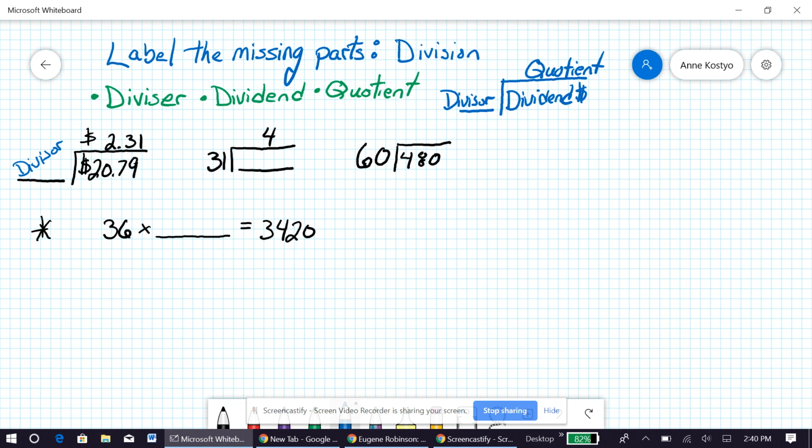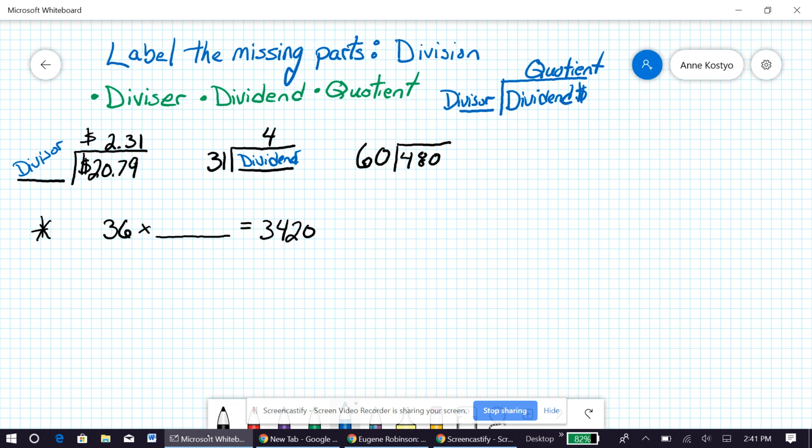And let's look at the second problem, where our divisor is 31 and our quotient is 4. What we are missing is our dividend. All right, and now we have our third example where we have 60 going into 480.